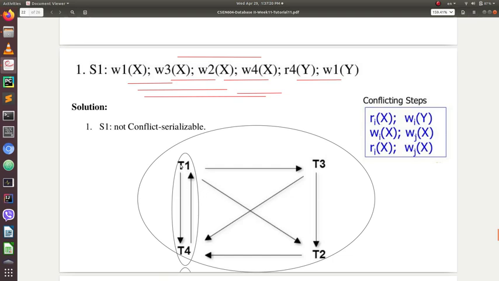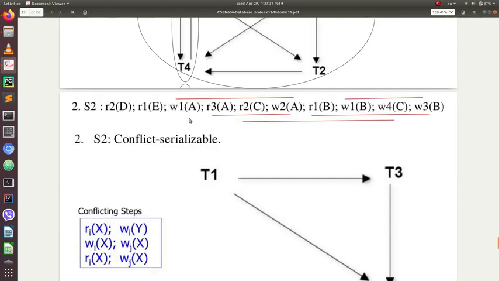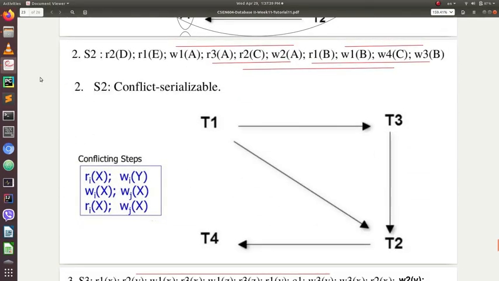Actually, I can go from T1 to T3 to T2 to T4 to T1 again. Here is the third cycle. So this schedule is not conflict serializable. Okay, let's solve the next one.